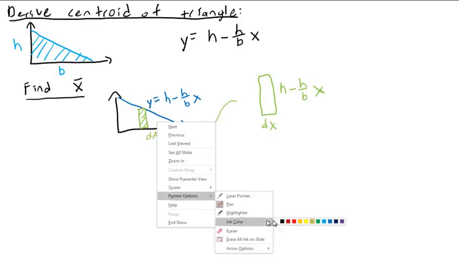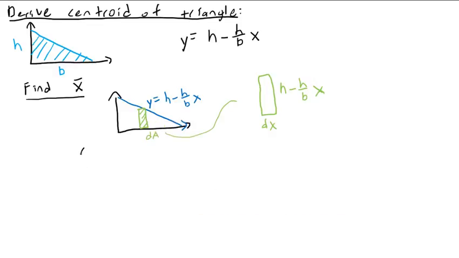So here we will say Qy, the first moment of area about the y-axis, if you remember, was the integral of x dA. However, dA is simply length times width, h minus h over b x times dx.